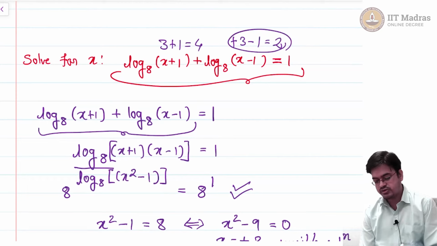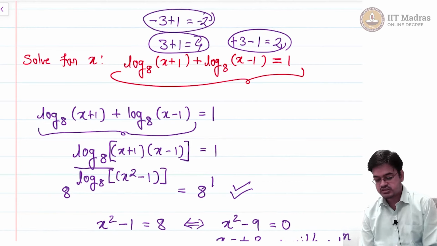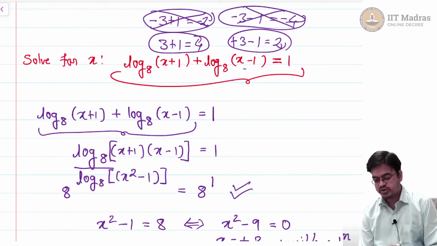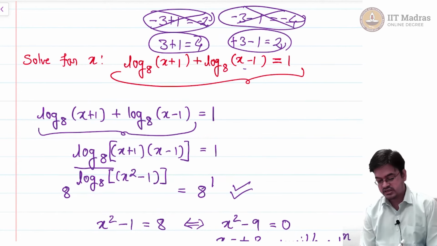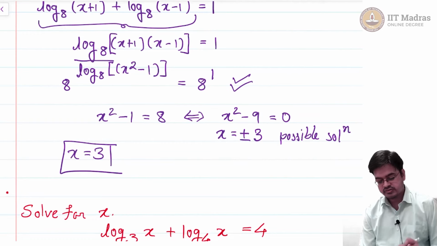So it is in the domain. If you put x is equal to minus 3, minus 3 plus 1 is minus 2, this is not allowed. Minus 3 minus 1 is minus 4, which is also not allowed for putting into log. So minus 3 cannot be in the domain. So the only thing that is possible is x is equal to 3 should be there in the domain.